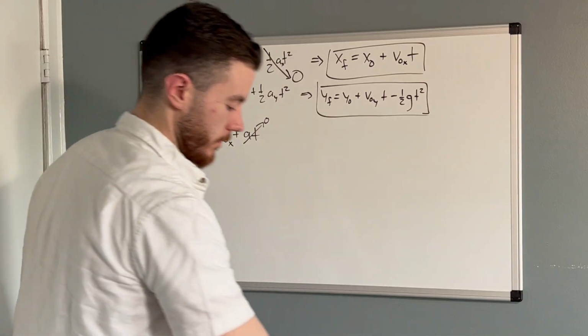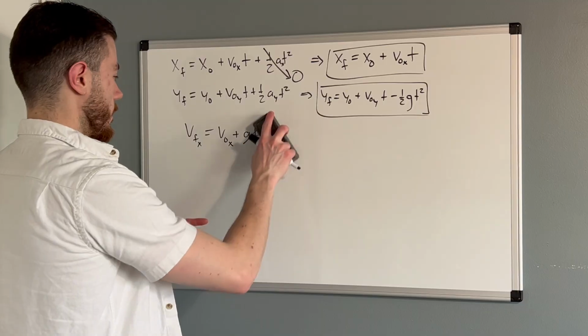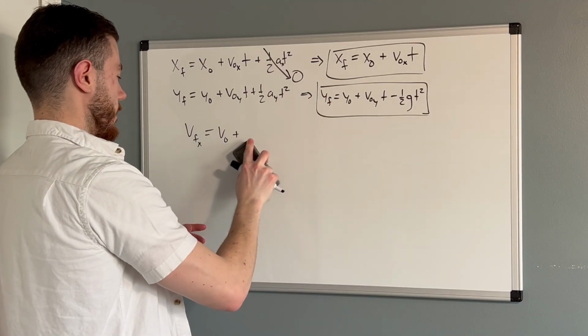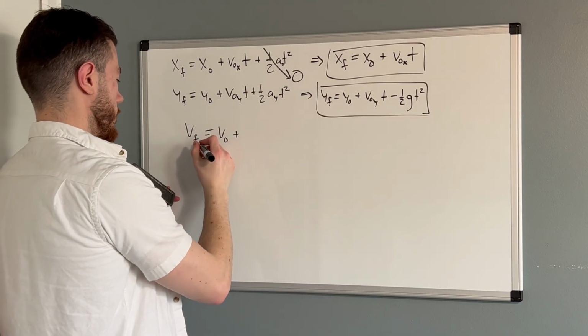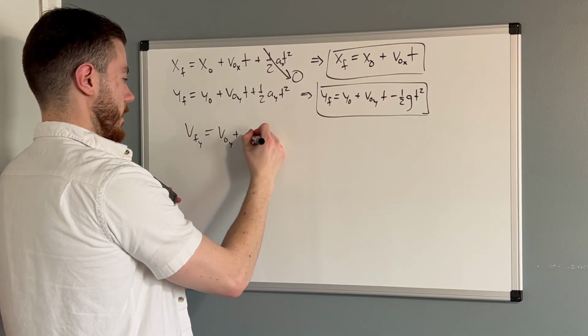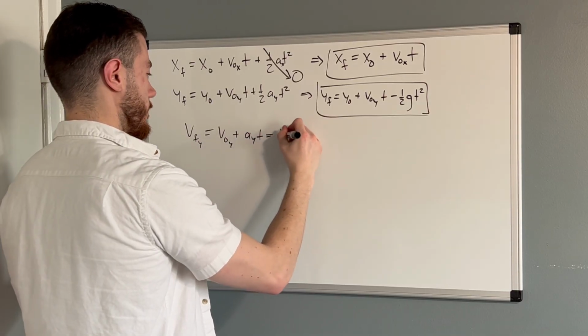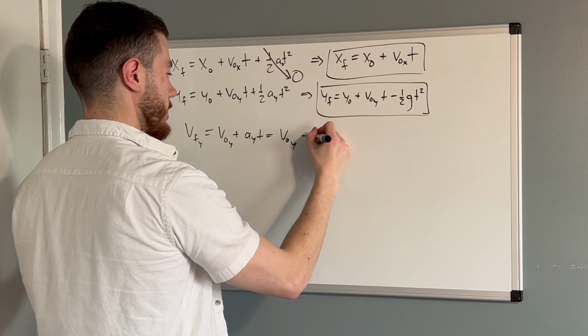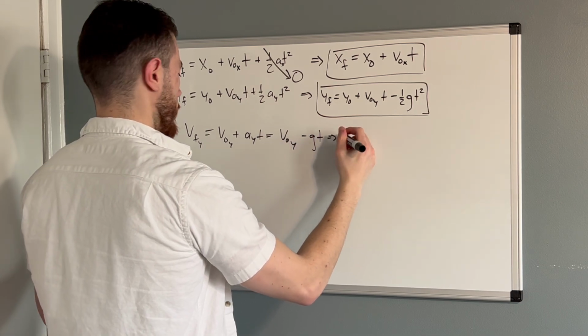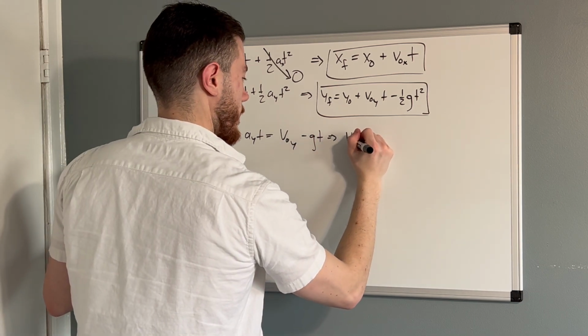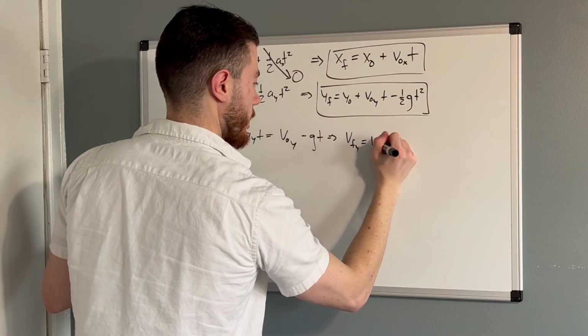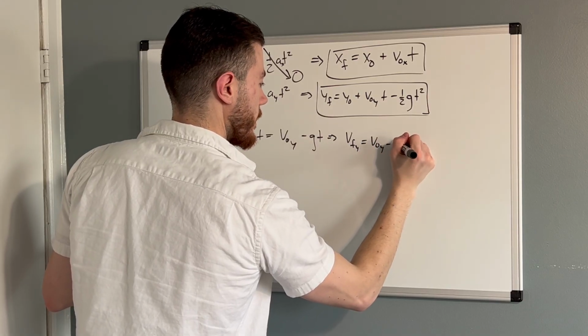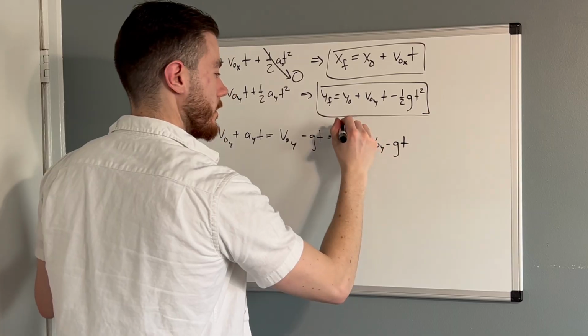It's not very useful. However, if we take the y components, it still applies. a y t is equal to v naught y minus g t. So vf y equals v naught y minus g t.